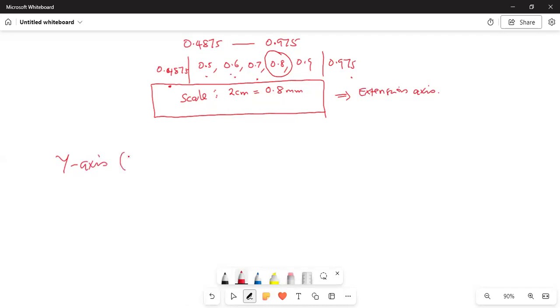And remember, the y-axis represents our load. The y-axis is the load axis. So step 1, calculate change in y. So change in y is equal to maximum value minus minimum value. This one was determined right from the beginning, okay?